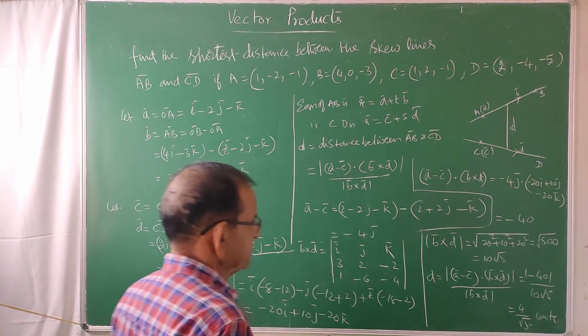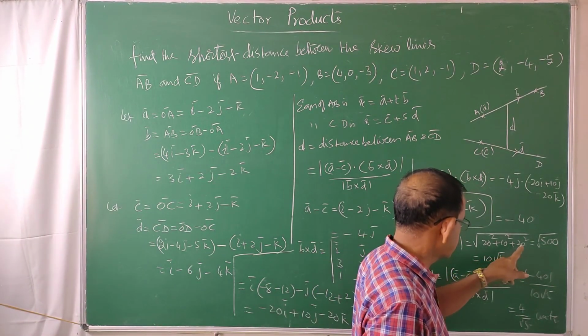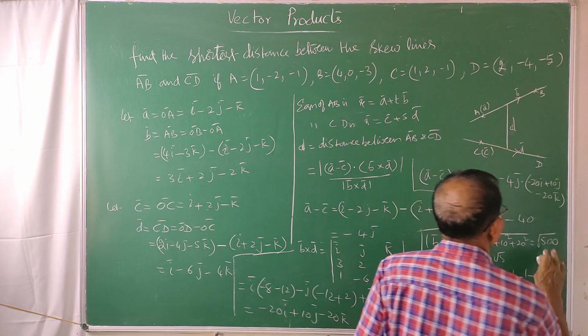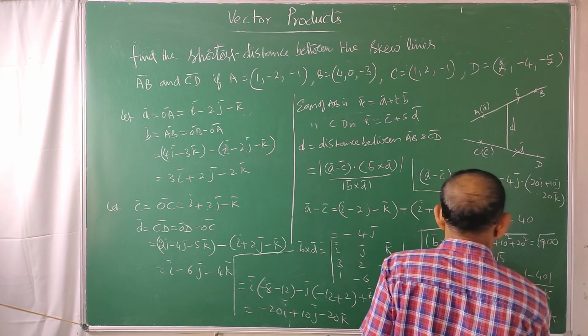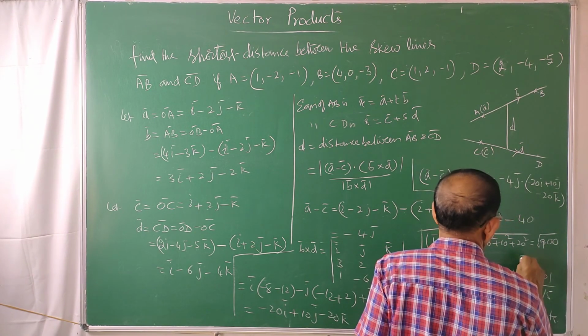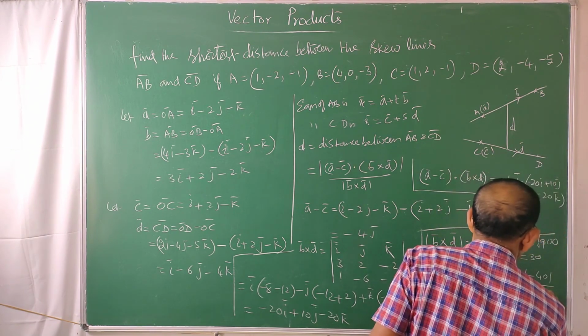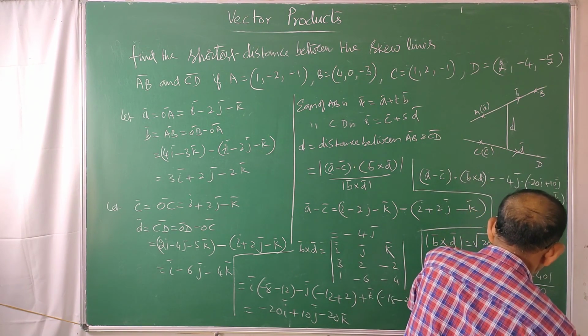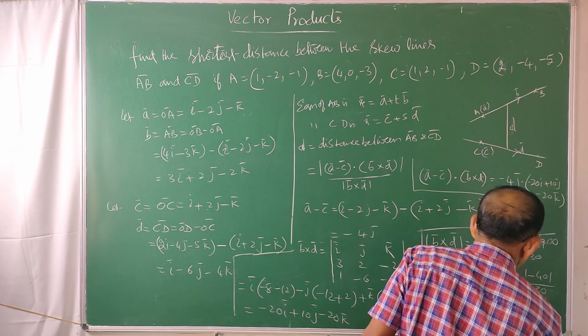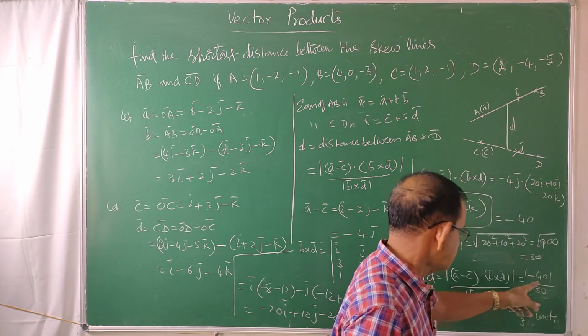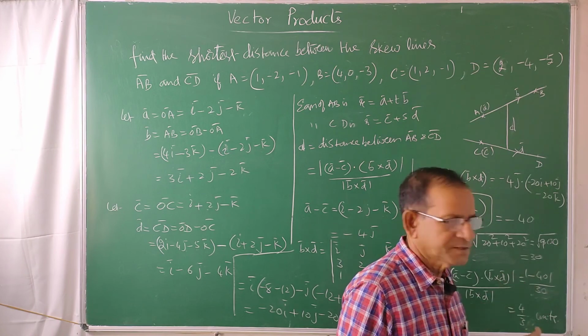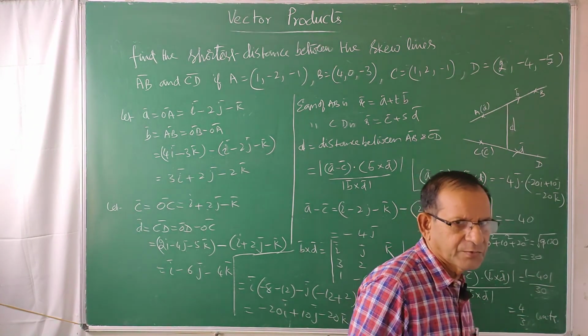Sorry, I made a mistake here. This is 400 plus 100 plus 400, which is 900, so the square root of 900 is 30. So here you will get only 30. The modulus of minus 40 is 40, so 40 by 30 is 4 by 3 units.